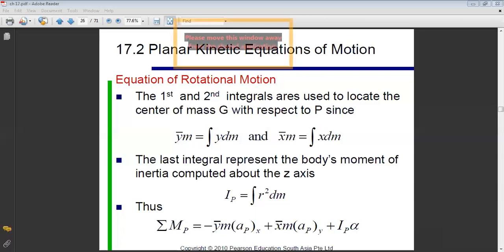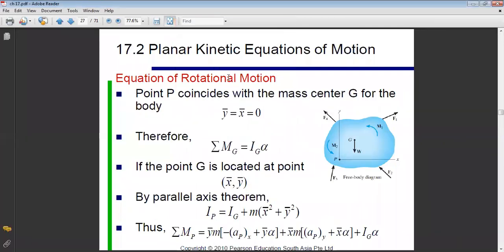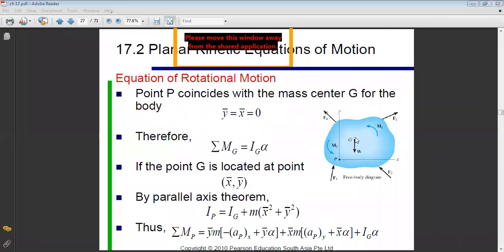Okay? So the first particular case to consider is if we put P at the center of mass. We said that if we put P at the center of mass, then the axes xy will be centered, the origin will be G. So if I put P here on G, this is my y-axis, this is my x-axis.